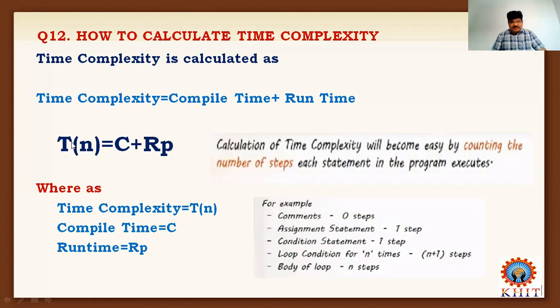While calculating the time complexity of an algorithm, you need to find how many times each and every instruction of an algorithm is executed. The count is important. You need to calculate the count for each and every instruction. So finally, you need to add the total number of instructions and ignore the constant values. You will get the answer.